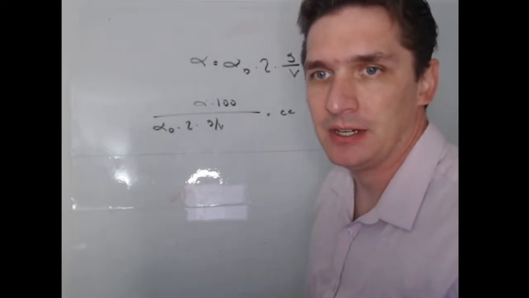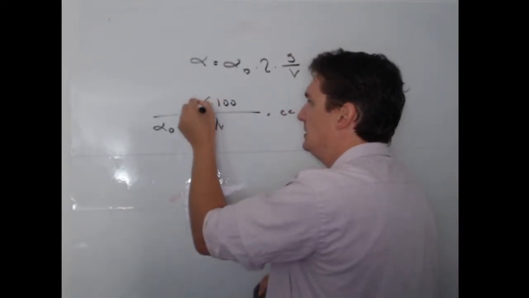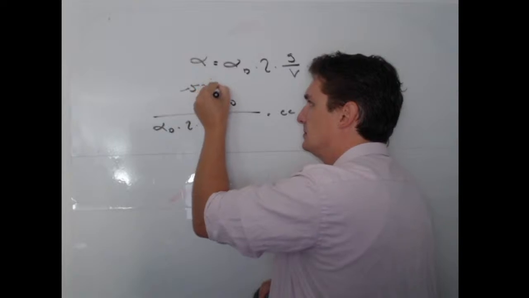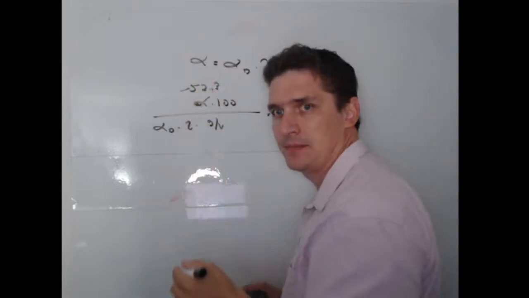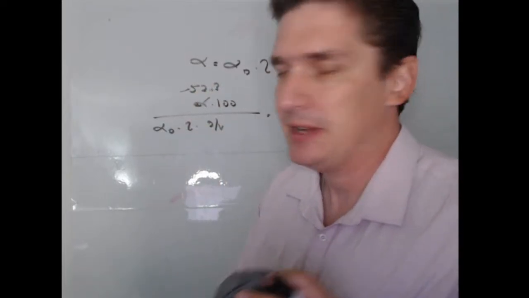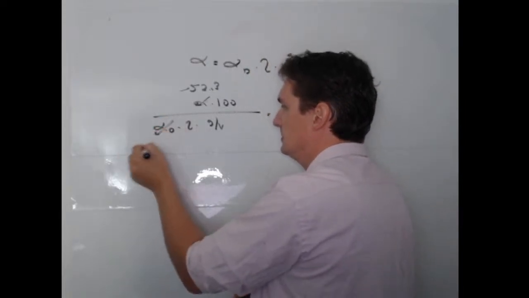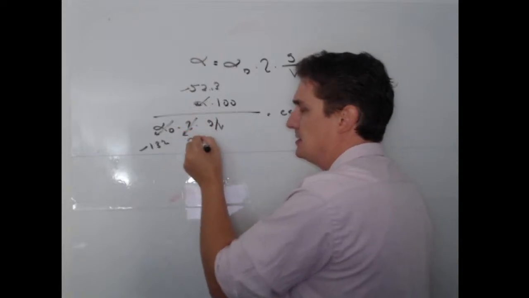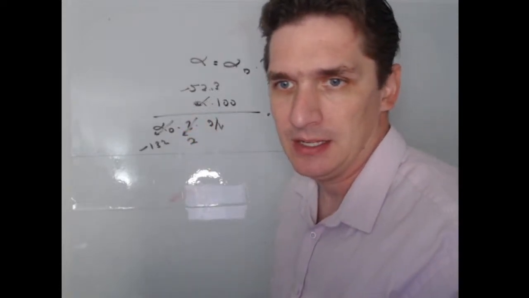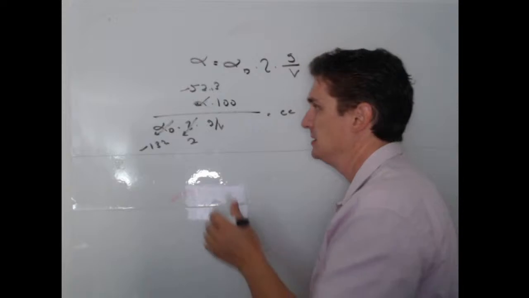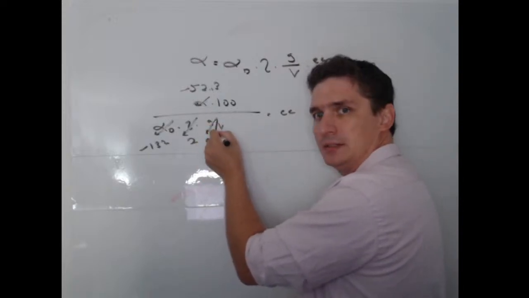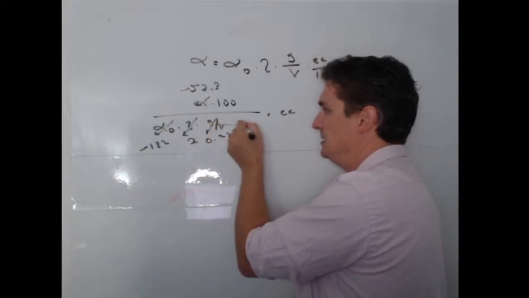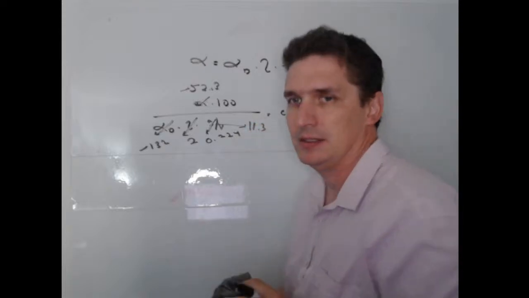You're given the alpha here as minus 52.3. The alpha D as minus 132. Path length here is 2 decimeters. And we have 0.224 grams dissolved in 11.3 mLs of solution.